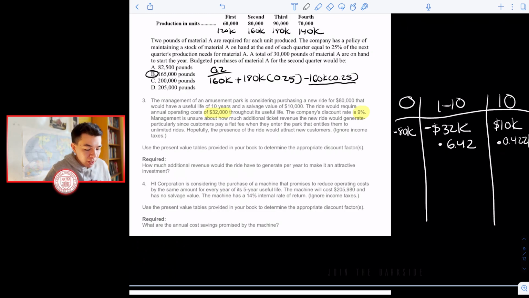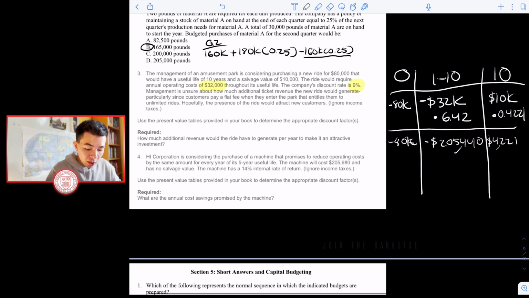To get back into it, I need to multiply these figures. The reason why we don't multiply $80,000 by anything is because $80,000 is in the present. We're spending that money right now, so we don't have to discount it towards the present day. So when I multiply these all out, 32,000 times 6.42, I get negative 205,440, and then 10,000 times 0.4221, and I get 4221, and then negative 80K.